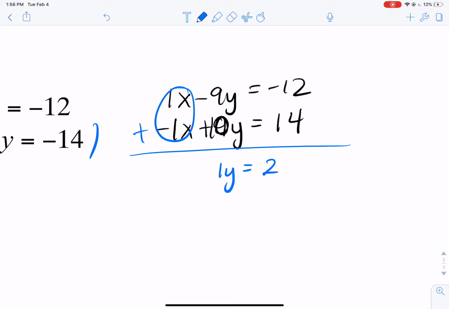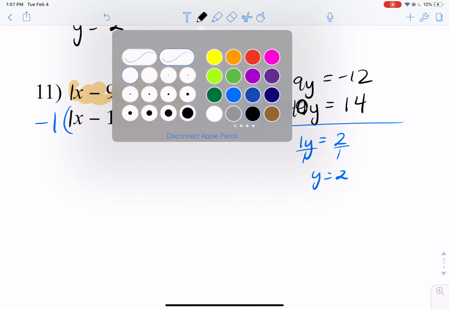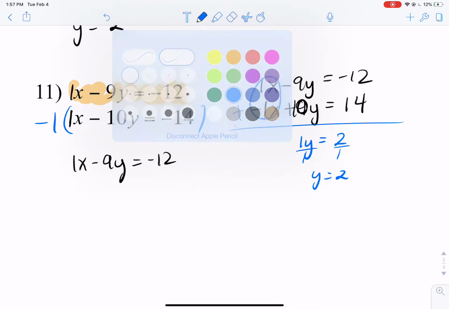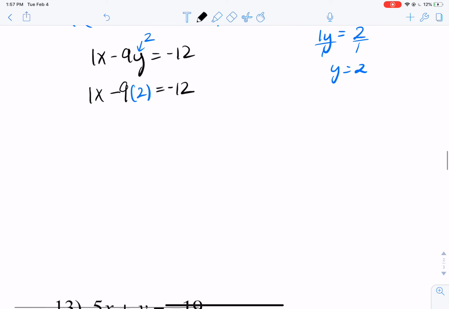Now to figure out the x, I'm going to go back to the original equations, and I'm going to pick, again, the top one, the one I just highlighted. 1x minus 9y is equal to negative 12. And I'm going to replace the y value with positive 2. So we have 1x minus 9 times the y value of positive 2 is equal to negative 12.